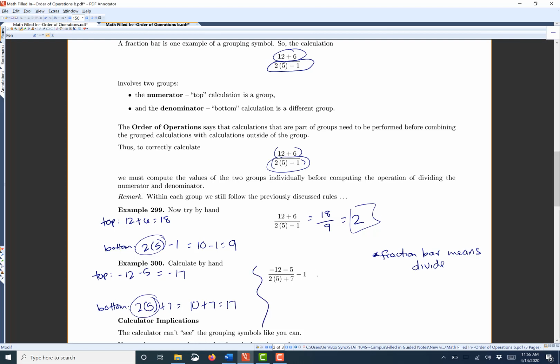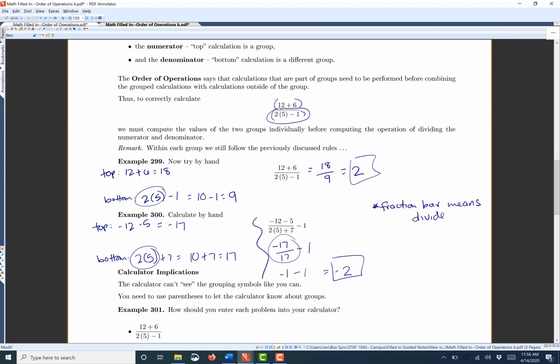So coming over here, this leaves me with negative 17 over positive 17 minus 1. So again, fraction means divide, so division comes before subtraction. So we'll do that part first. So negative 17 divided by positive 17 gives me negative 1. So we have negative 1 minus 1, which gives me negative 2.